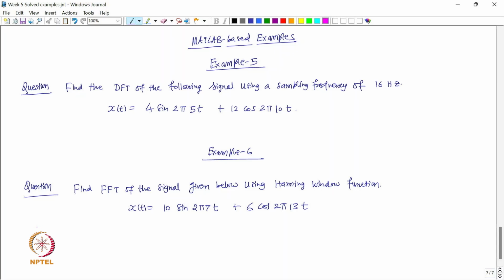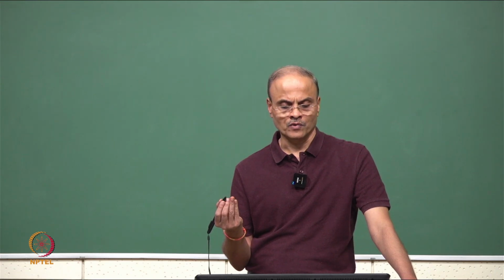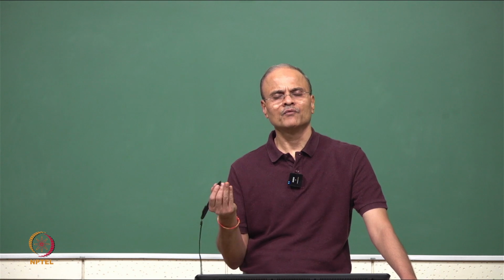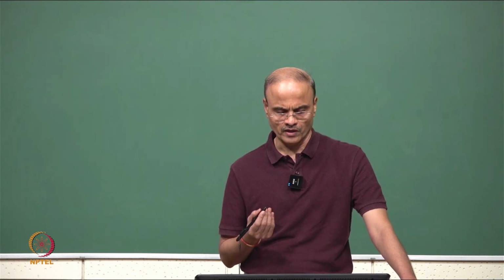Of course, this is also something we are going to solve through MATLAB code, and for this problem let me tell you what the Hanning window function is. We have studied in the lecture classes what windowing is, what windows are, and when we use them. We have discussed all that in great detail in the theory lectures.